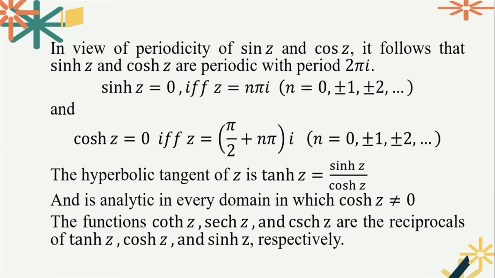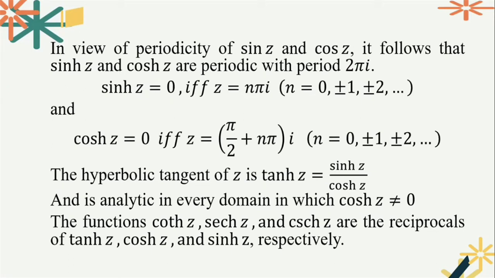And cosh z is equal to 0 if and only if z equals pi over 2 plus n pi times i, with n an integer.